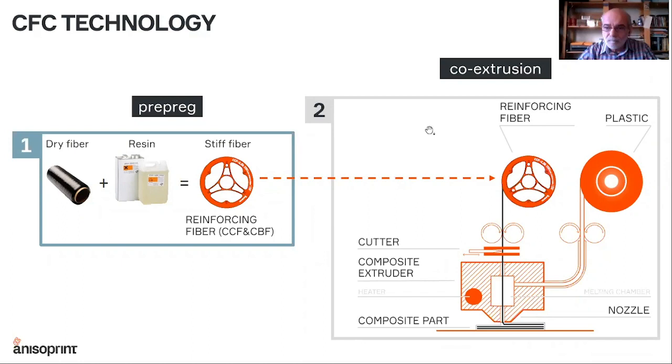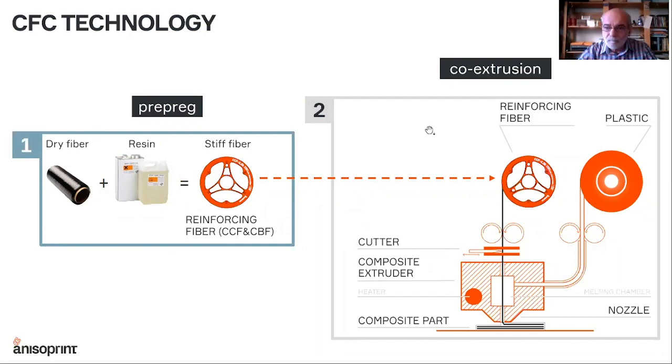So the final material that is printed with, we call a bi-matrix material. It has reinforcing fiber, one matrix, which is a thermoset resin in case of an Isoprint, inside the fiber tow, and another polymer, another matrix, which is a thermoplastic that is between the fiber tows.